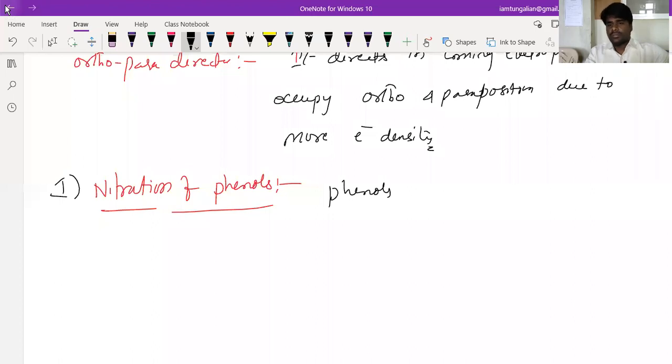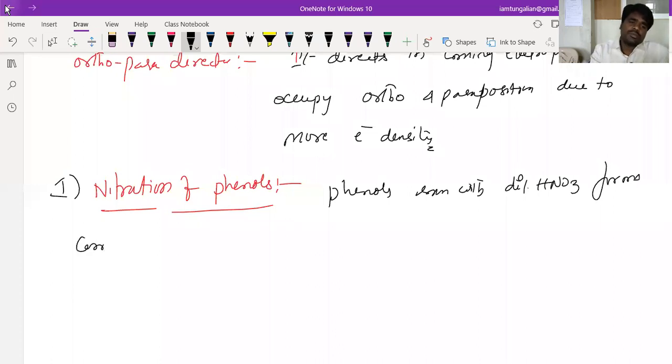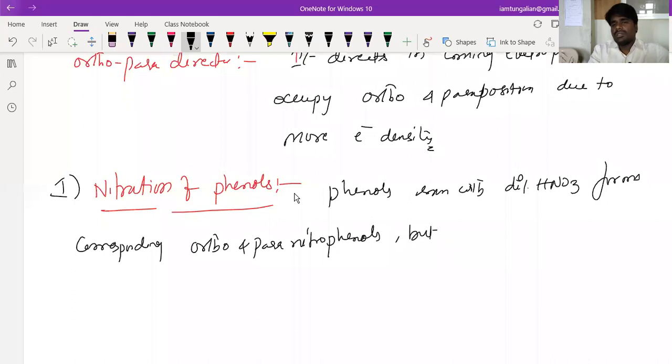Phenols on reaction with dilute HNO3 form the corresponding ortho and para nitrophenols, but the yield of the product is less.